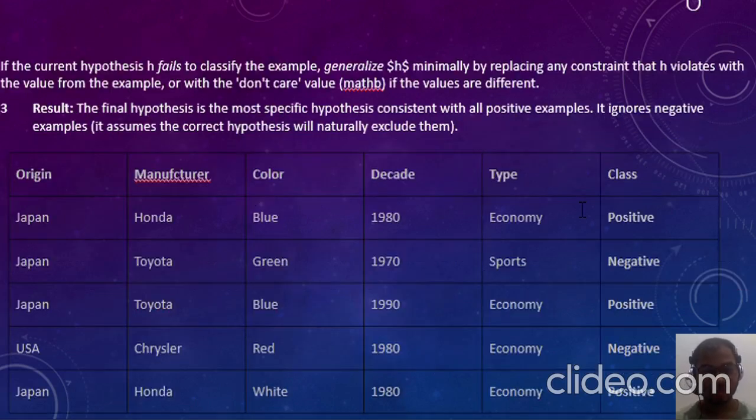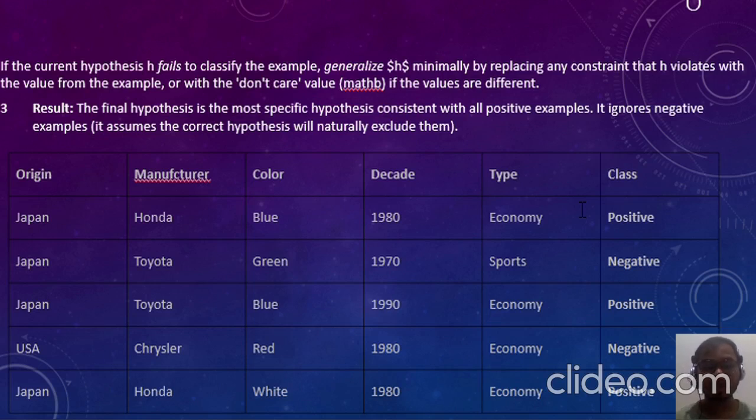Result: the final hypothesis is the most specific hypothesis consistent with all positive examples. It ignores negative examples, assuming the correct hypothesis will naturally exclude them.